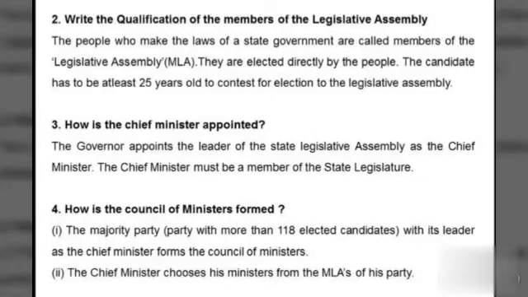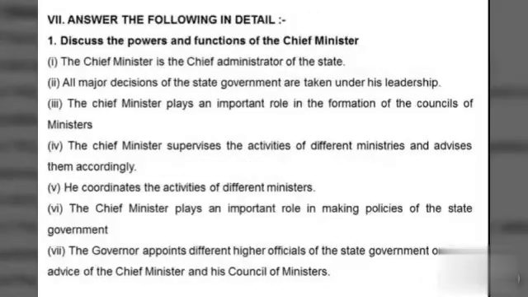Next, the detailed questions. There are three here. First, discuss the powers and functions of the chief minister. First, the chief minister is the chief administrator of the state. Next, all major decisions of the state government are taken under his leadership.